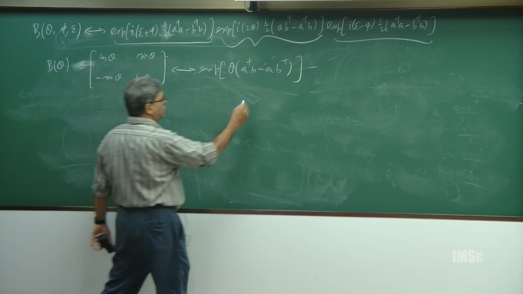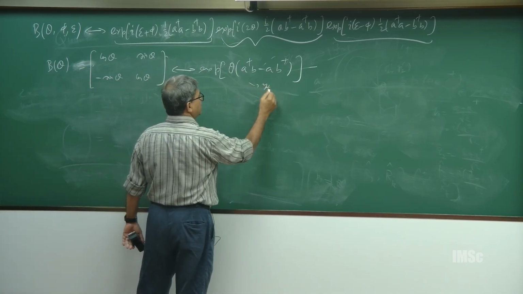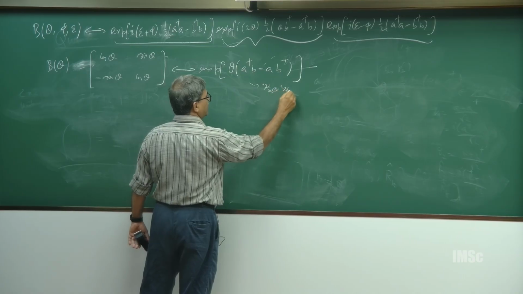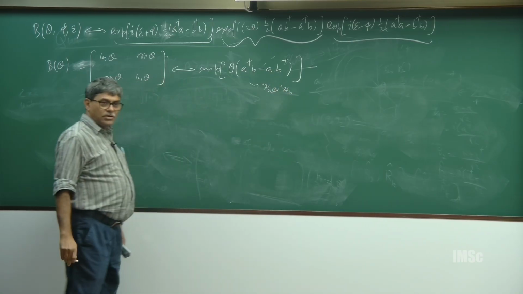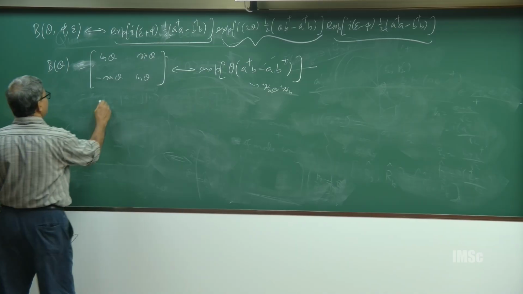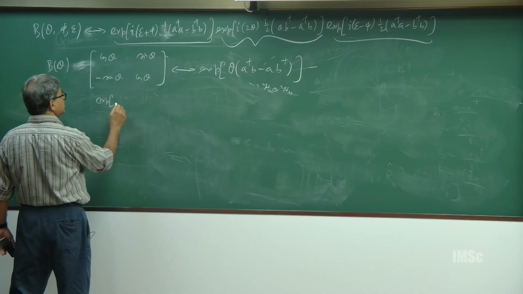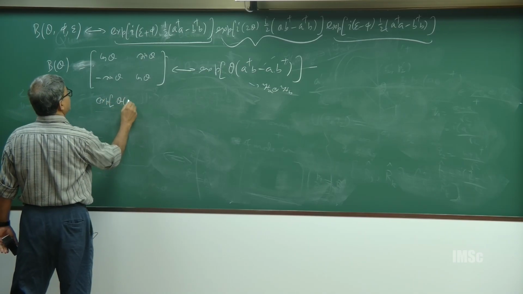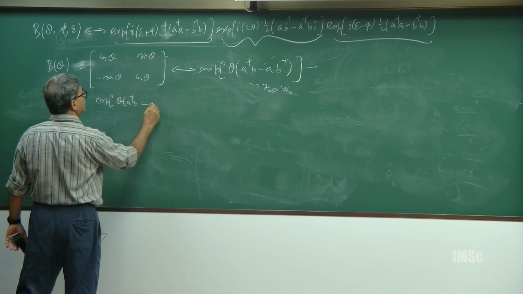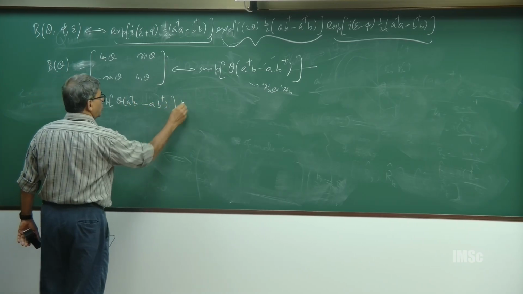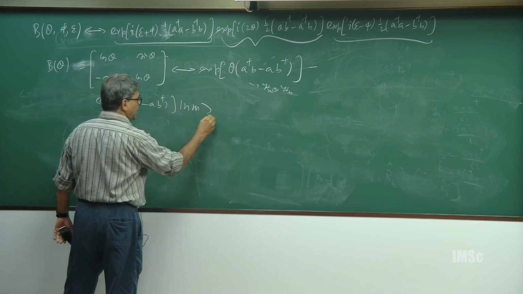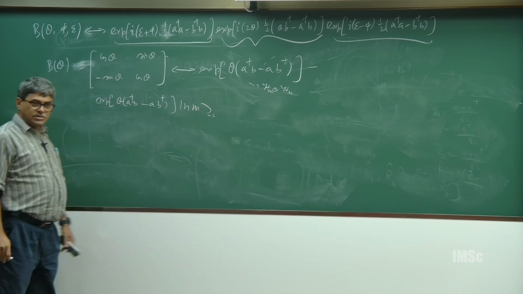So this acts on this infinite dimensional Hilbert space H A tensor product H B. So the next question is, what will be the action of this on N and M? So this is on A B. Okay. What will be the action?